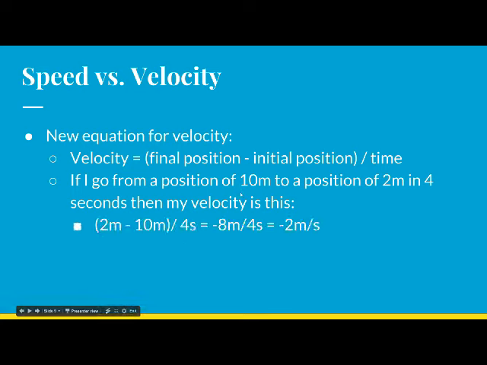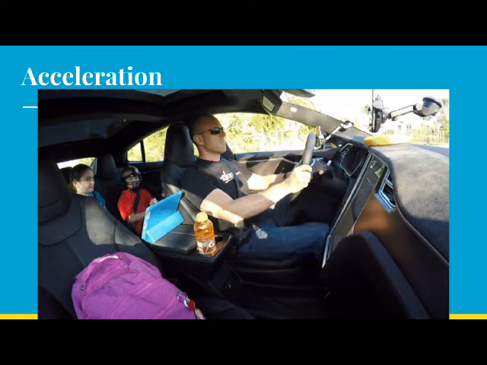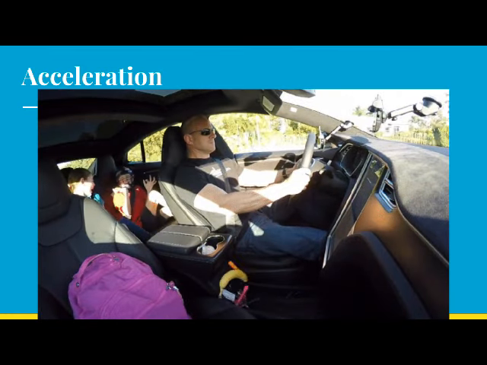You've got your final position, which is 2 meters, minus your initial position, which is 10 meters, right? And you divide that by 4 seconds. Negative 8 meters divided by 4, negative 2 meters per second is my velocity, okay, because it's a vector, it has direction, right? Our speed is 2 meters per second. So the way you go between speed and velocity is speed is just the same number, always positive.